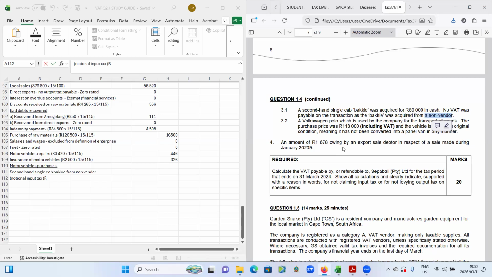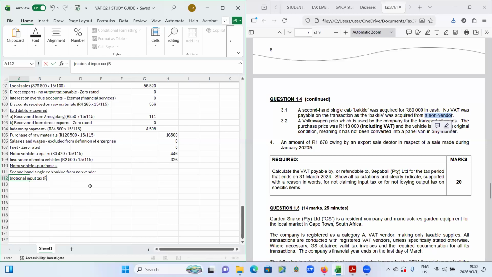The notional input tax comes into effect because the non-vendor bought it from somewhere and became owner of it. As long as he bought it from someone and claimed ownership of it, and then sells it, it's regarded as second hand because it was registered in someone's name and then transferred to someone else. Okay, thank you, Mr. Matonde.